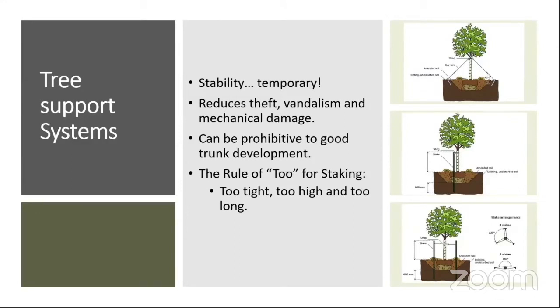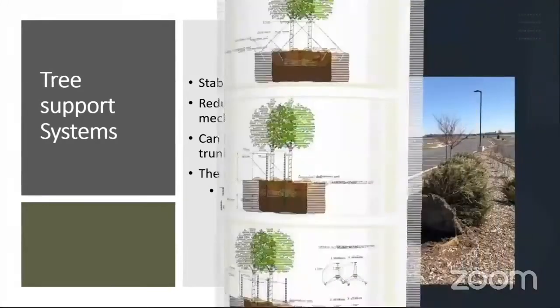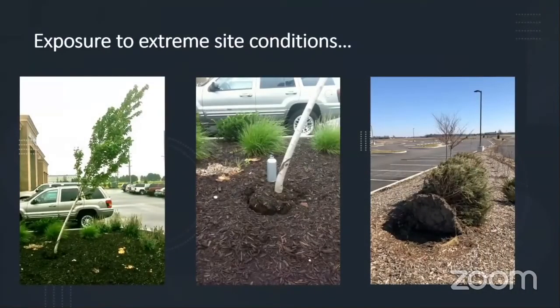And so there's additional information available for determining whether or not you need those support systems, and some considerations on how to choose the right one. Now, as I mentioned, extreme site conditions is where we really want to think about that, and usually under extreme wind conditions with a lot of exposure.